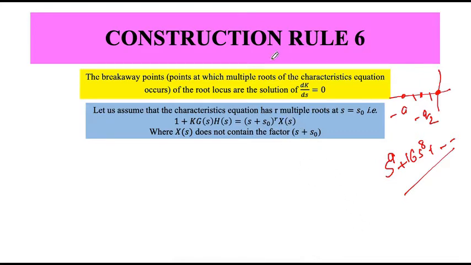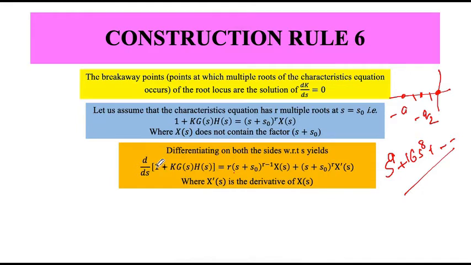Now I differentiate this, and this is the left hand side, so I have d by ds of this, and this is the right hand side. I differentiate with respect to s. So differentiating the first part, I will have r (s minus s naught) to the power r minus 1 times x(s). Then differentiate the second part with respect to s.